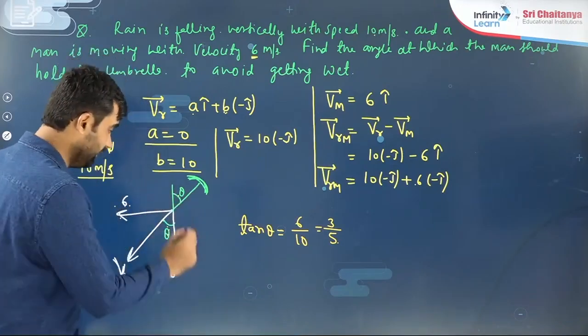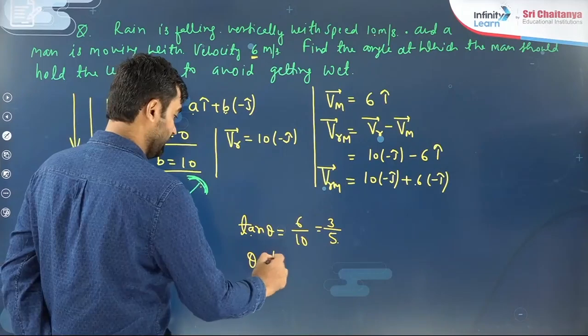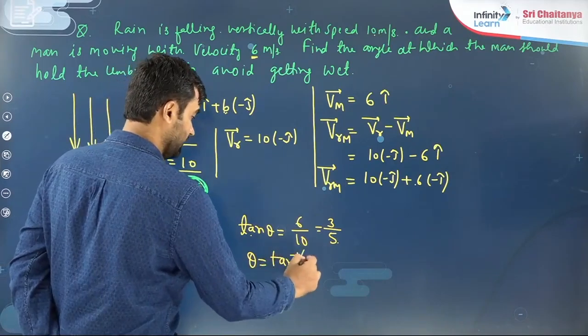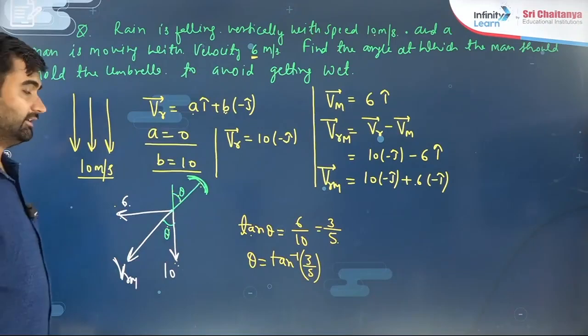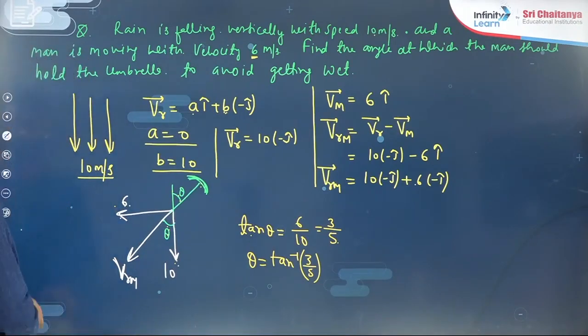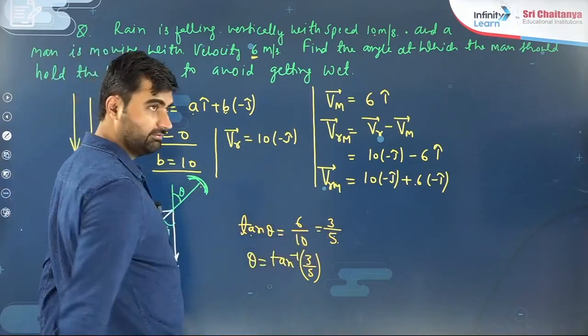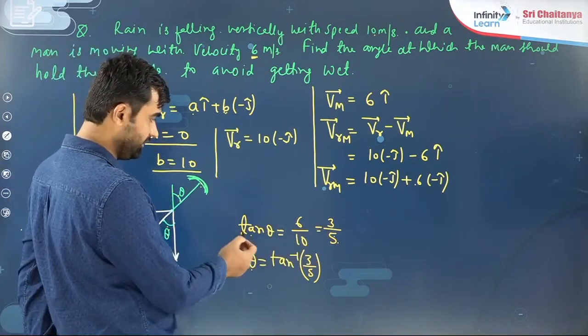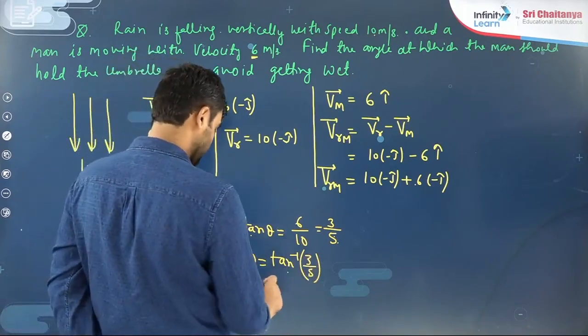And with the vertical, how much angle? The angle will be tan inverse 3 by 5. Is it clear? If we have to find theta, then we write tan inverse 3 by 5 with the vertical.